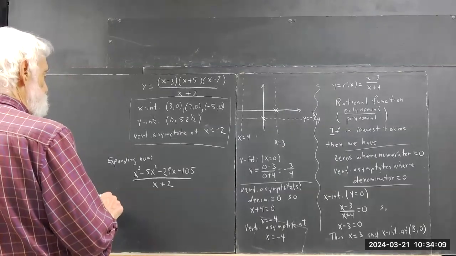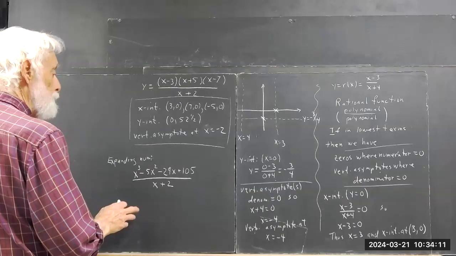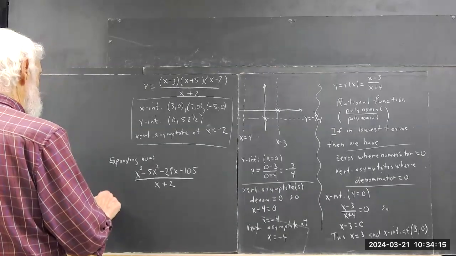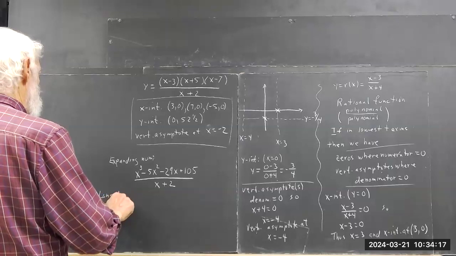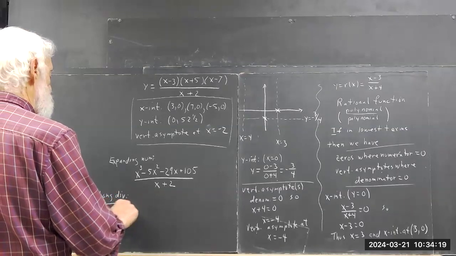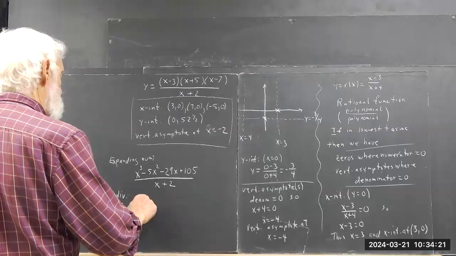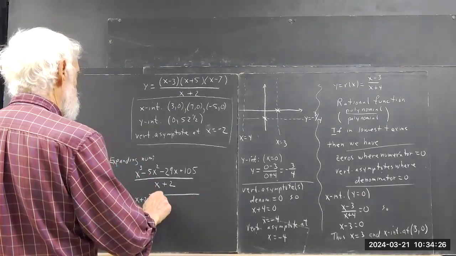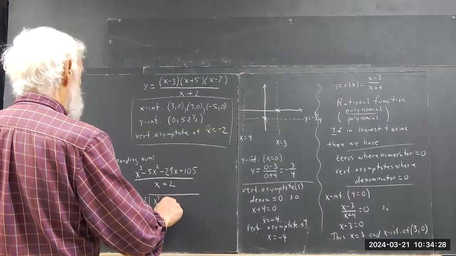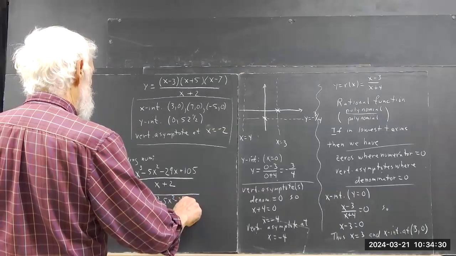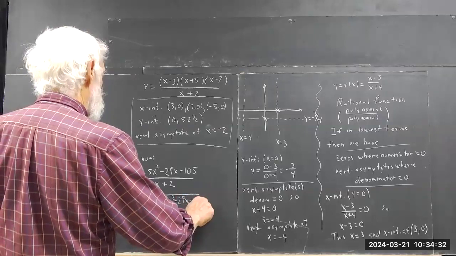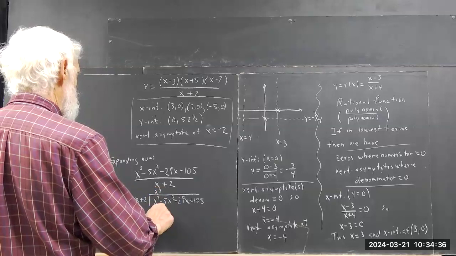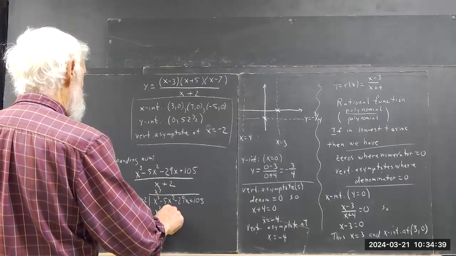Now, I do a long division. x plus 2 into x cubed minus 5x squared minus 29x plus 105. That'll give me x squared, which will give me an x cubed plus 2x squared.